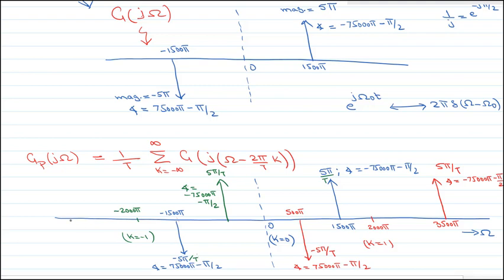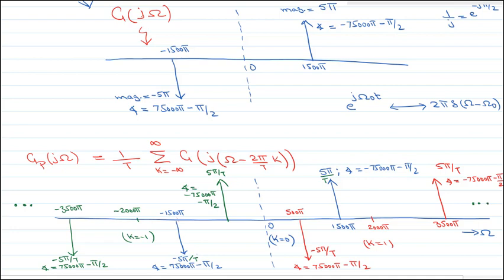And then I'll have a negative version at minus 3500 pi, with magnitude of minus 5 pi by t and phase of 75,000 pi minus pi by 2. Okay. Now this repetition will keep on happening for k equal to 2, k equal to minus 2, and so forth.